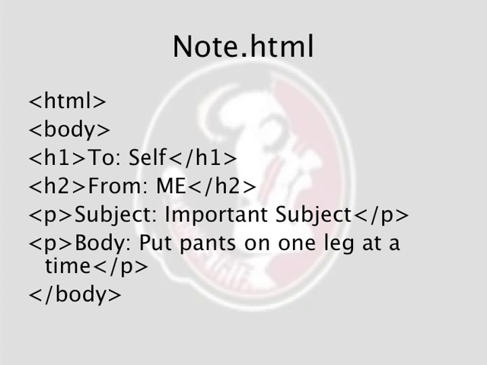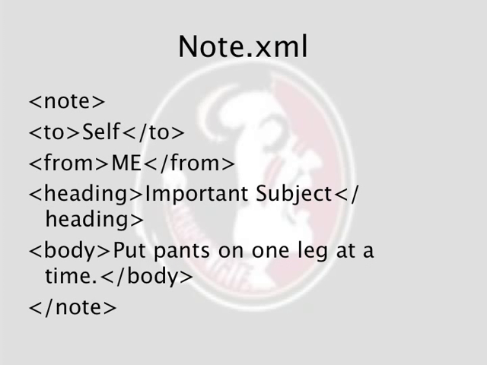So this is the HTML version. You see, here's the header you have to use, another header, the paragraph body, another paragraph. But in the XML page, you can see that the to tag takes the place of just a straight header tag.